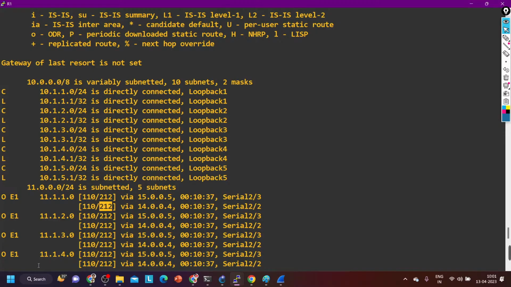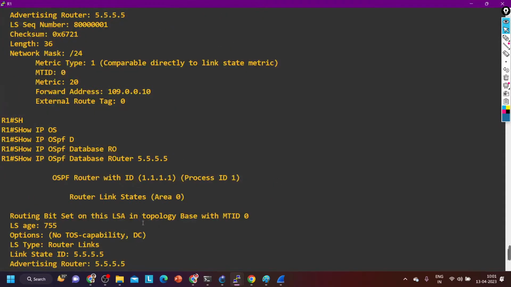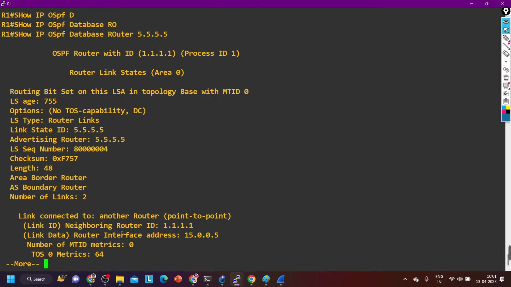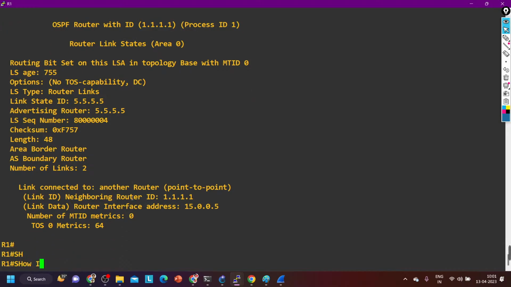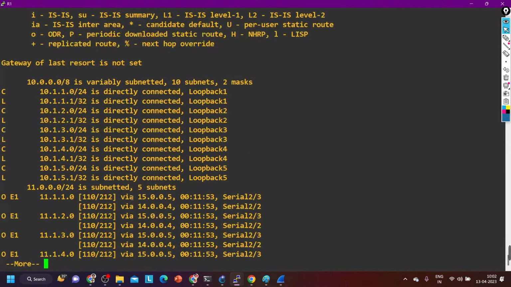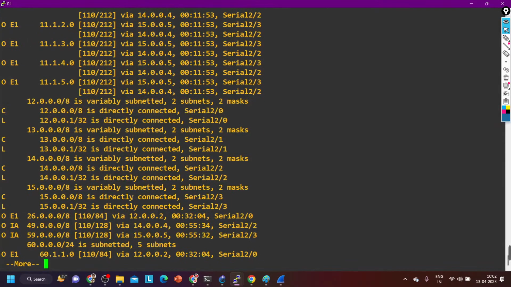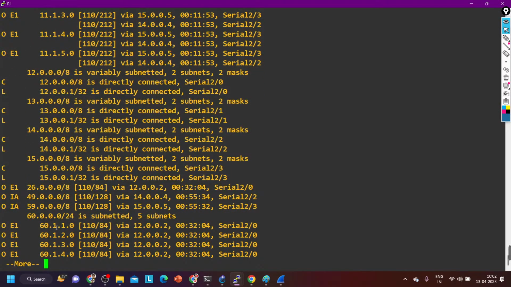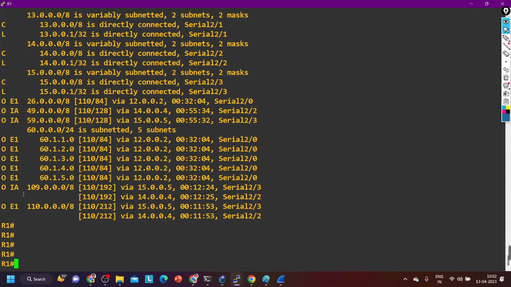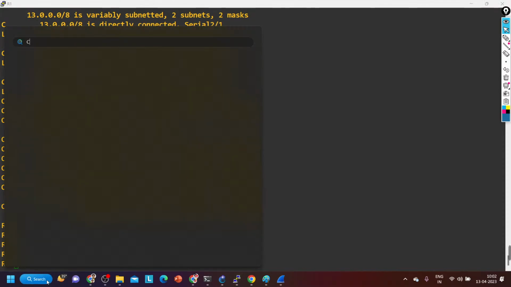212. So actually it will not calculate the metric like this. It will calculate the total metric to reach which network? So, show ip route for this network, guys. The actual forwarder is this one, and the metric to reach here is 192. And the metric from the ABR to me is 20. So the total metric will be 192 plus 20. Calculator.